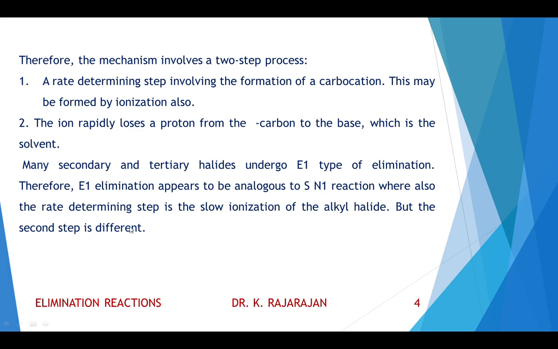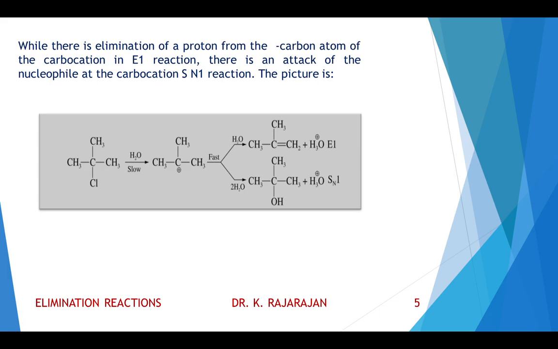Therefore, E1 elimination appears to be analogous to the SN1 reaction, where also the rate determining step is the slow ionization of the alkyl halide. But the second step is different. While there is elimination of a proton from the carbon atom of the carbocation in the E1 reaction, there is an attack of the nucleophile at the carbocation in the SN1 reaction.